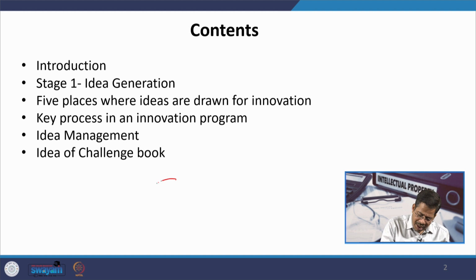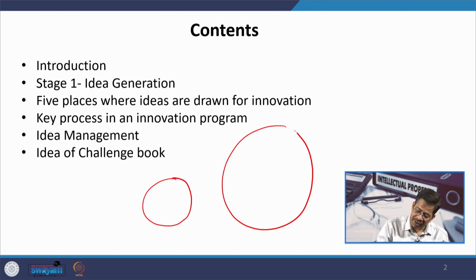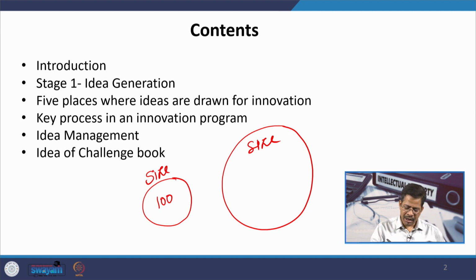Whatever IP portfolio you have, the first important thing in the management of this IP portfolio is size. If you have only 100 IPs in your portfolio, versus 1 lakh IPs in your portfolio, the better management will only happen when the size is bigger.